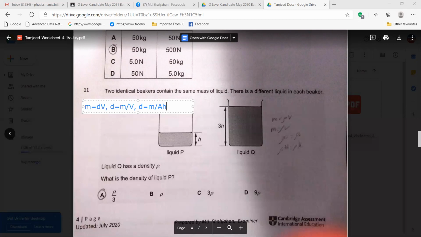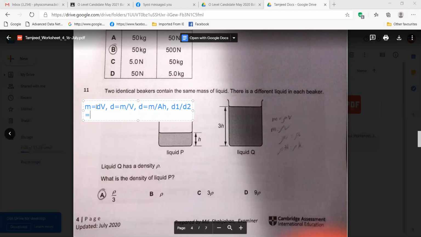Now again we can write this way: d1, as they are asking us about P, the density of liquid P. So we are thinking that liquid P has density d1. So d1 then d2 equals.